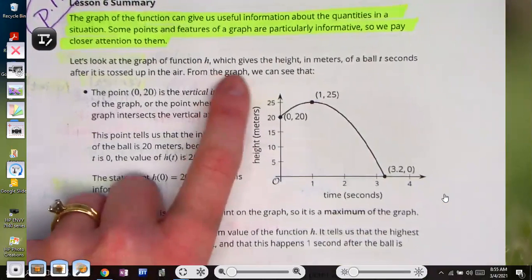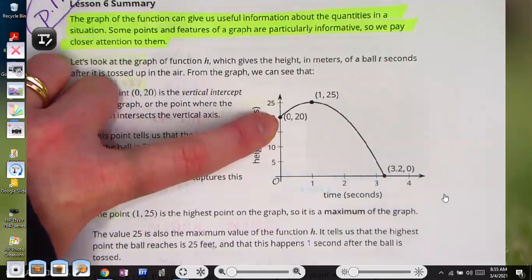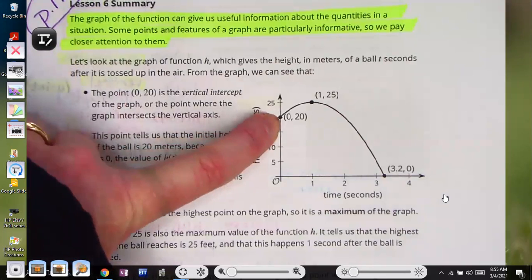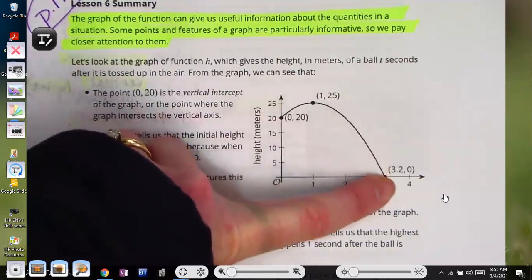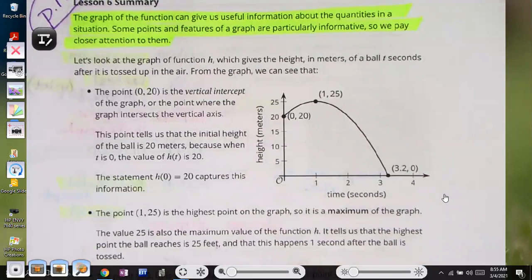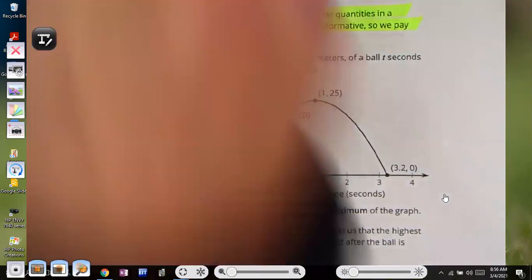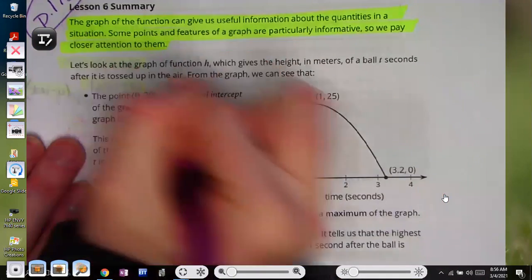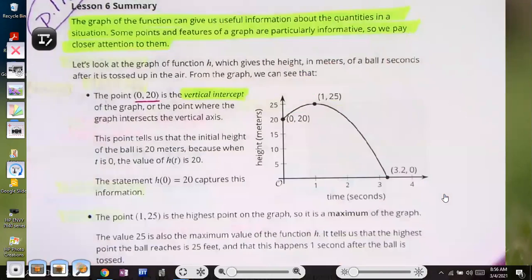All right, so this graph is showing a ball being thrown from some height. So we might be on a hill or something. He throws it. What happens to the ball? It falls to the ground, okay? So it says the point 0, 20 is the vertical intercept.